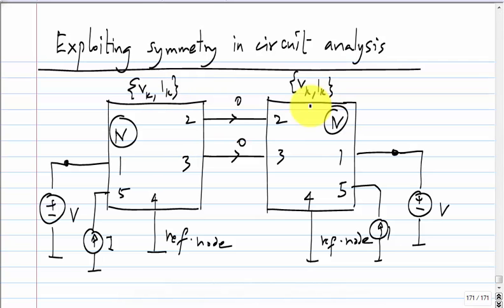What kind of circuit do you need for this to happen? Is there any restriction on the network N? Resistive? For what kind of circuits will this work?